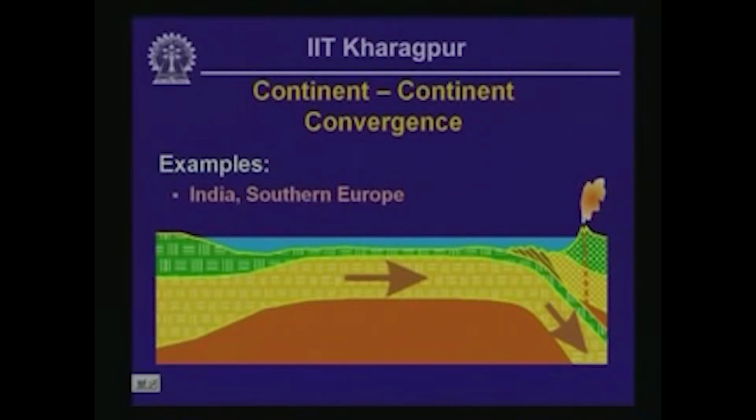So in the cartoon shown here, the section shown here, basically you can see all the features that we have already discussed when we were talking about the convergence between an oceanic plate and a continental plate.